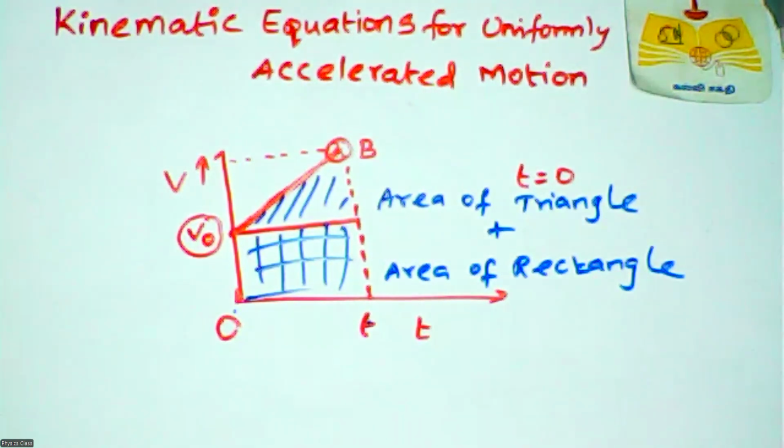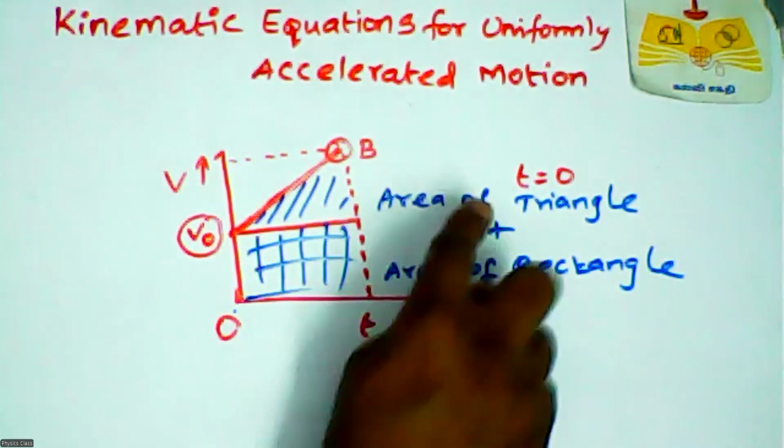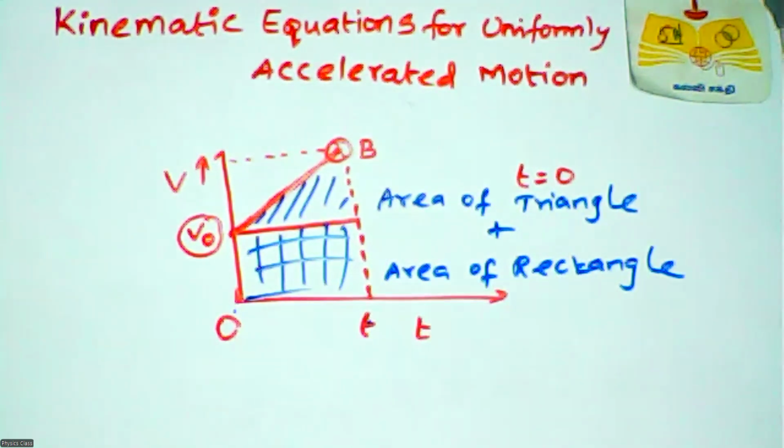Is it clear? Already you know the formula for area of a triangle. What is the formula for area of a triangle? If you know the answer, please tell me.